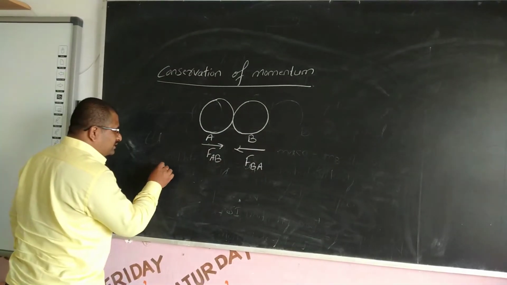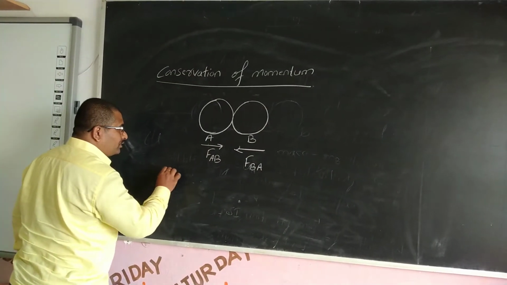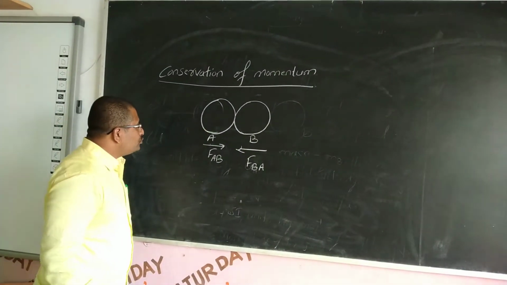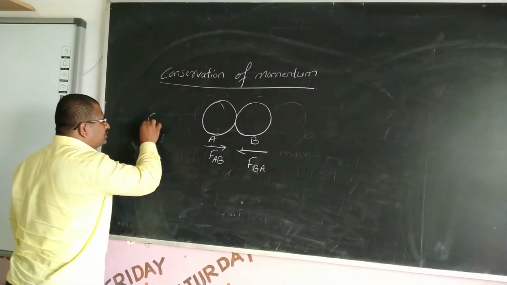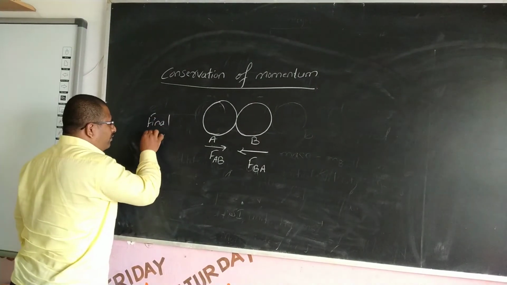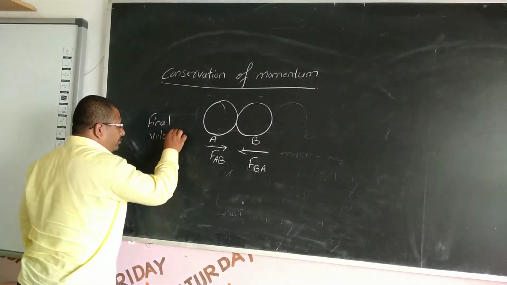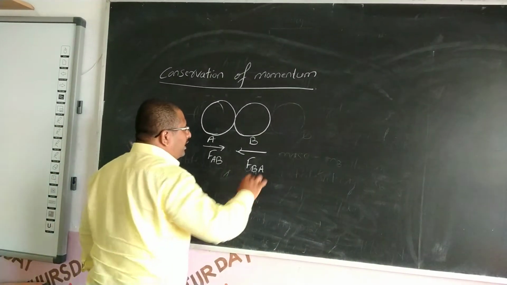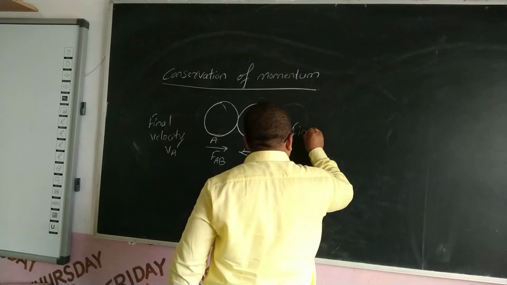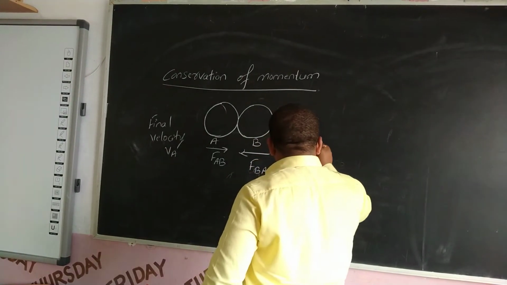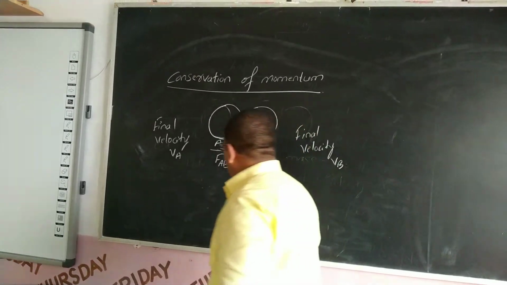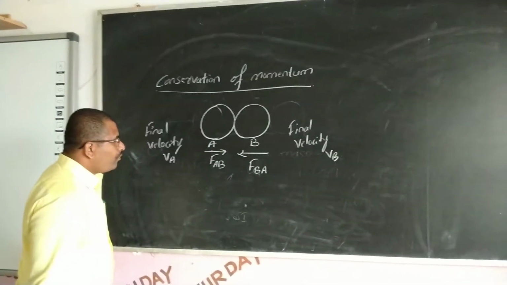After the collision, ball A moves with a final velocity vA and ball B moves with a final velocity vB.